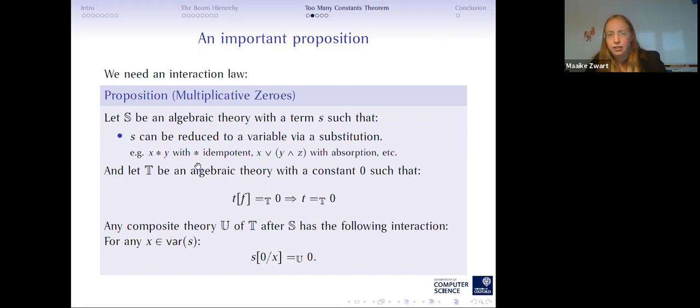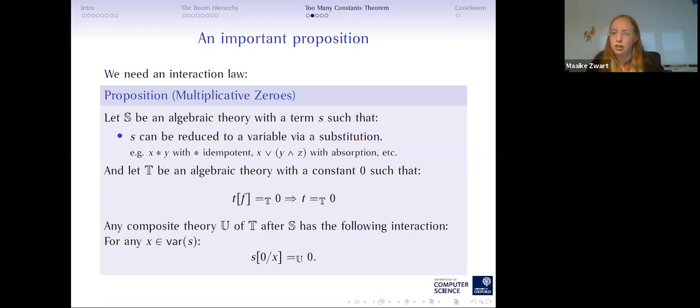But if I have two theories satisfying these two properties, then I know that in any composite theory, I must have the following interaction. If I substitute the constant of one theory into the term of the other, then it is equal to just the constant. I call this a multiplicative zero because it's like 0 times x.